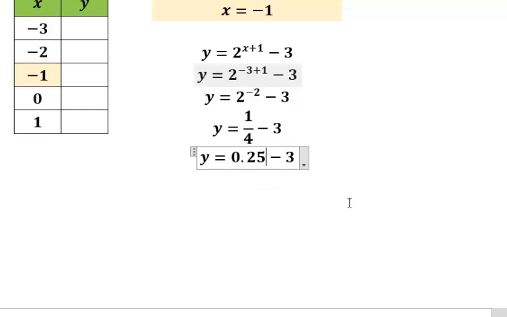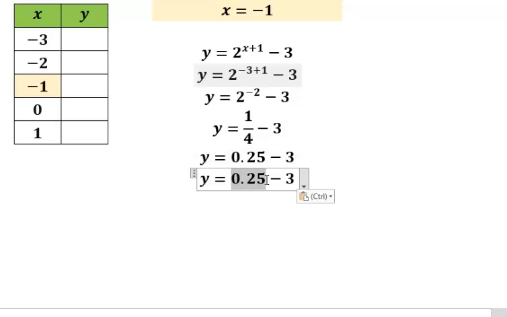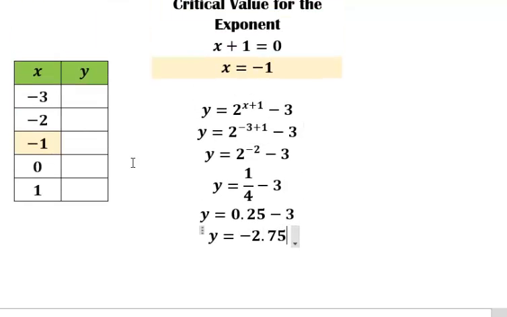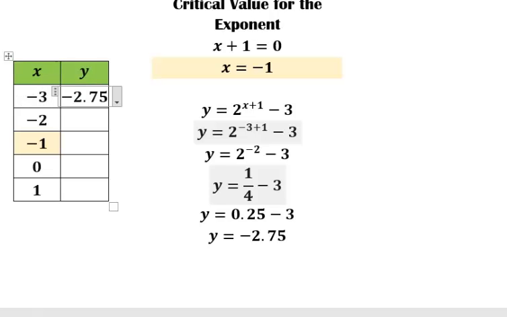You can make the division on paper. Remember, no calculators. So 0.25 minus 3 will be negative 2.75. That's the number I'm going to put on the y: minus 2.75.